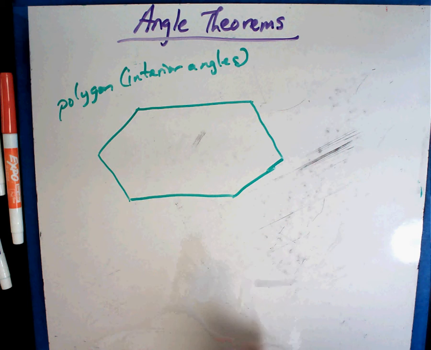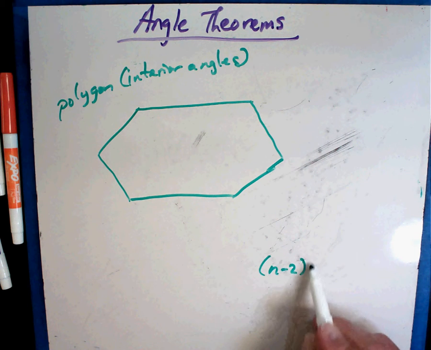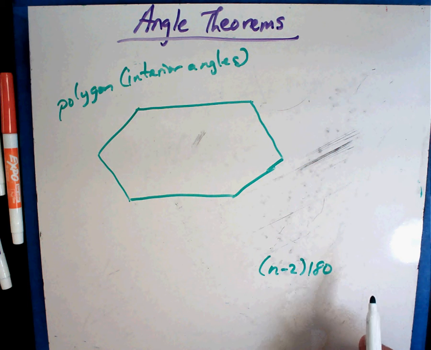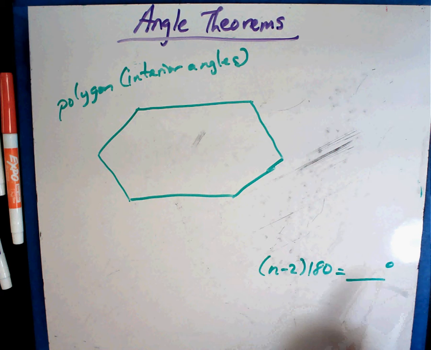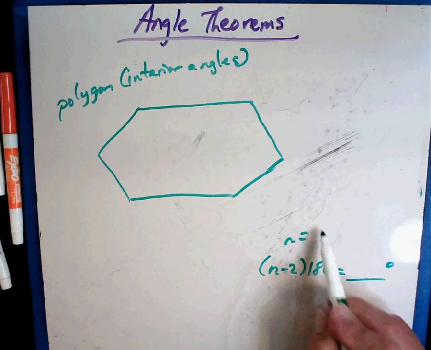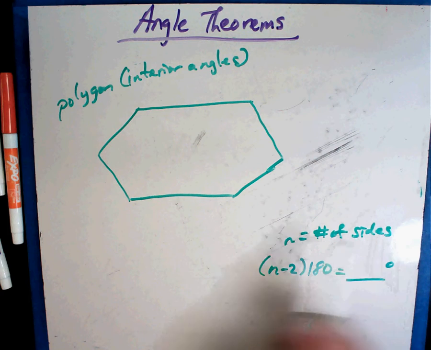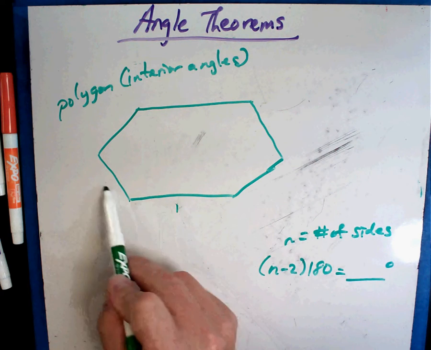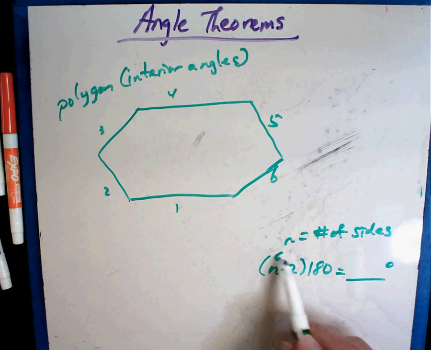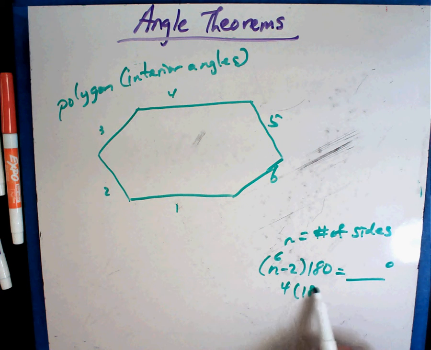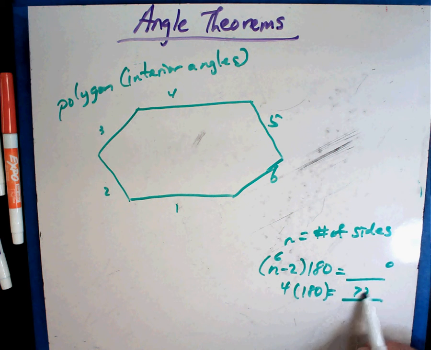There's a formula that says n minus 2 times 180 equals the degrees of your interior angles, n being the number of sides of the polygon. 1, 2, 3, 4, 5, 6 sides. So 6 minus 2 is 4 times 180 equals the answer here, which in this case is 720 degrees.